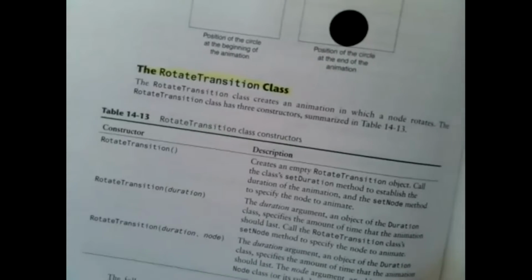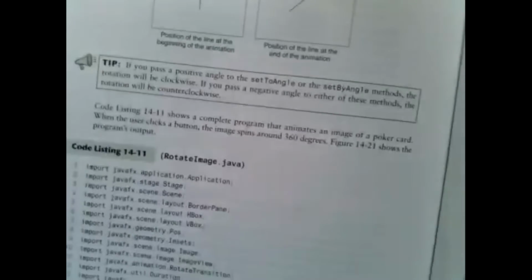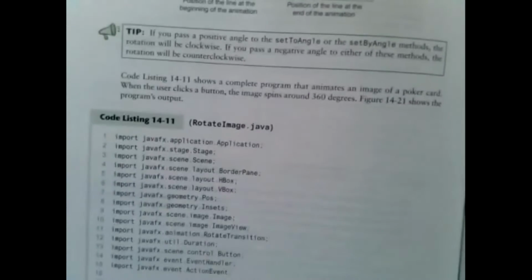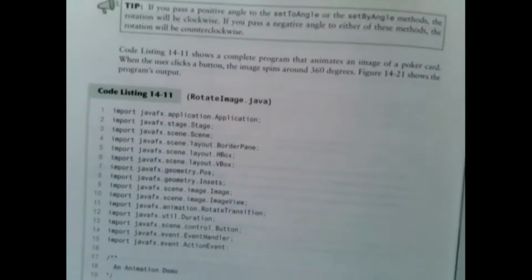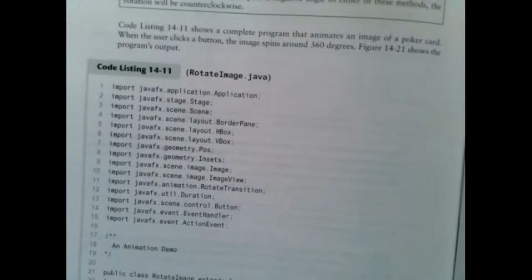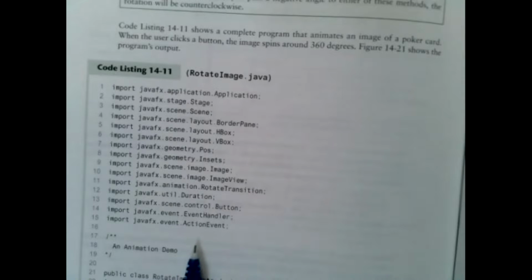Okay. Rotating class. If I go and retrieve 1411, oh boy, all of a sudden I'm seeing quite a few import statements. I have action event, event handler and action event. What was nice, a couple of you, not many, in your last program had a listener ready.